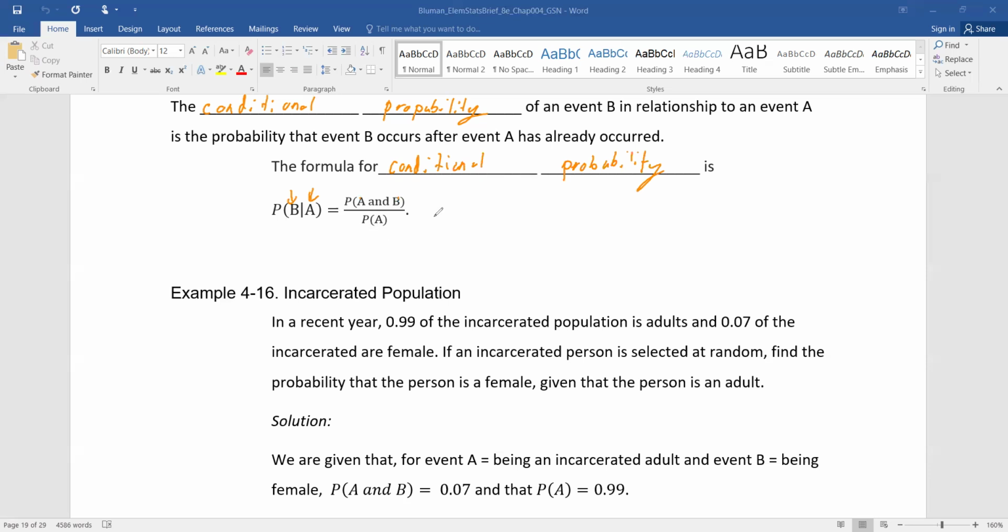So for instance, if I know the probability of getting a heart is 13 out of 52, and now I want to know the probability of getting a heart and, I don't know, a diamond or something like that. So I got 13 out of 52, that's the total, that's our hearts.